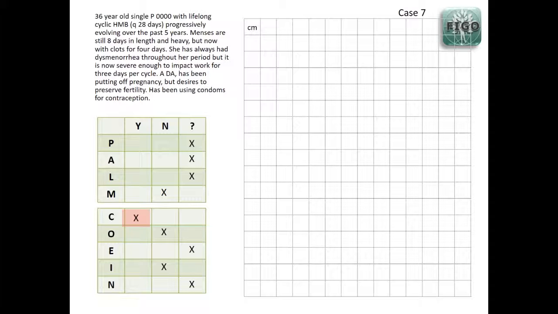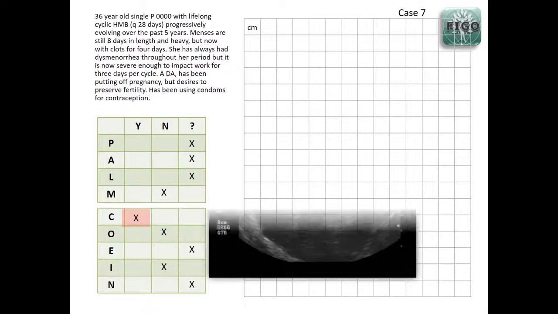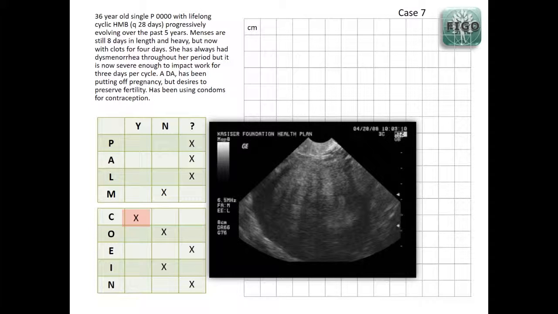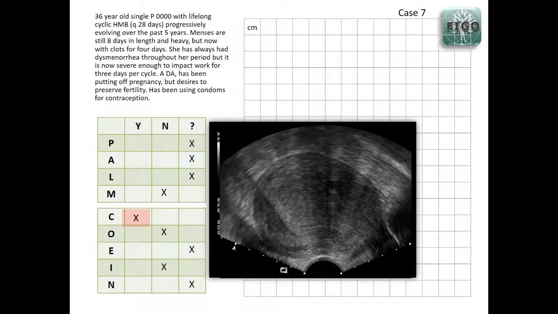But if we image her, we see the following. A very large area of heterogeneous myometrium, stria, and even some tiny cystic spaces. All of these are consistent with adenomyosis. Note the thickness of the posterior myometrium. So we depict the adenomyosis here.